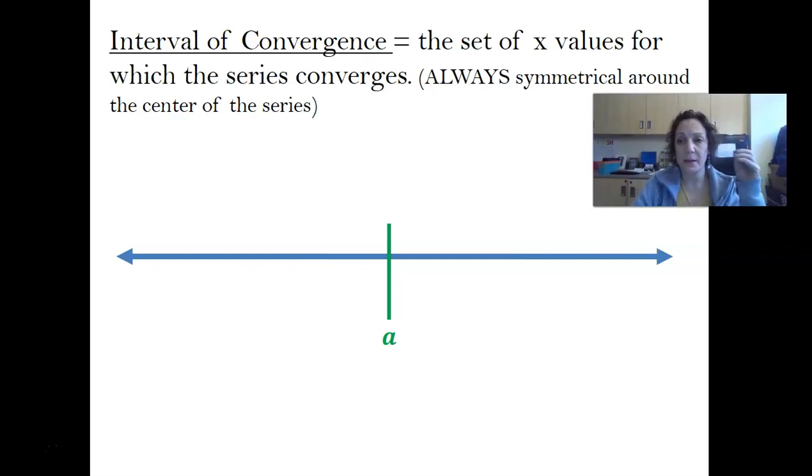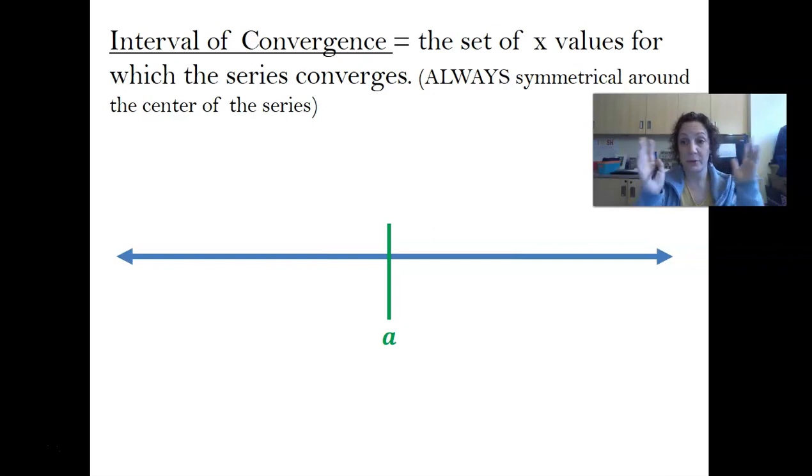Let's talk a little bit about interval of convergence. When we talk about interval of convergence, we're talking about the X values for which the series will converge. What X values could I plug in to that polynomial and have it still be valid? Again, we've looked at this multiple times with geometrics. You look at the graph and you see that polynomial is hugging the curve perfectly, and then all of a sudden it goes haywire. That's because we've left the interval of convergence.